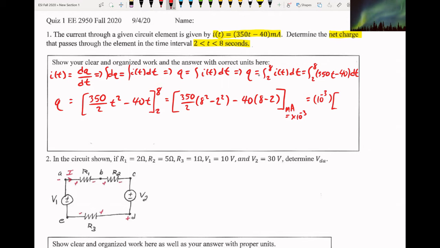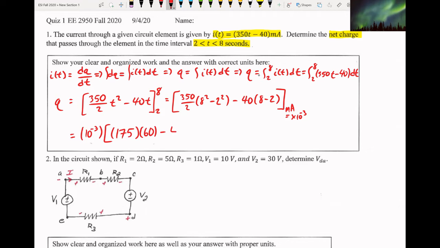Let's go ahead and bring it down a little bit. So this will be equal to 10 to the negative third, uh, 175. 8 squared minus 2 squared will give us 60.